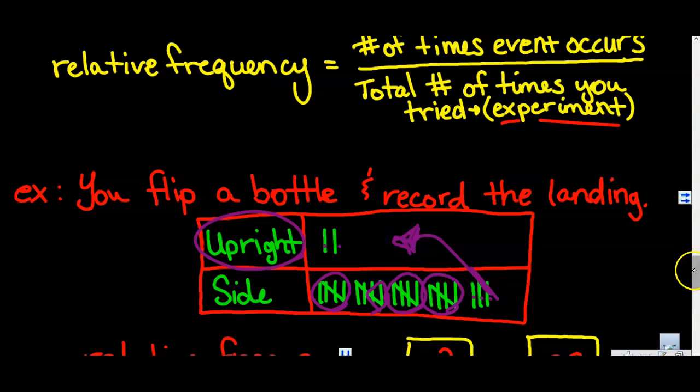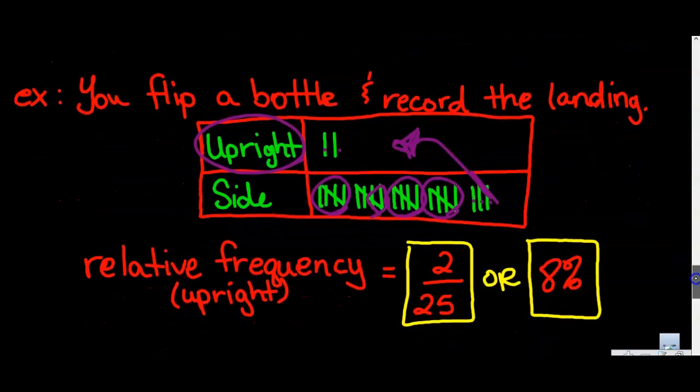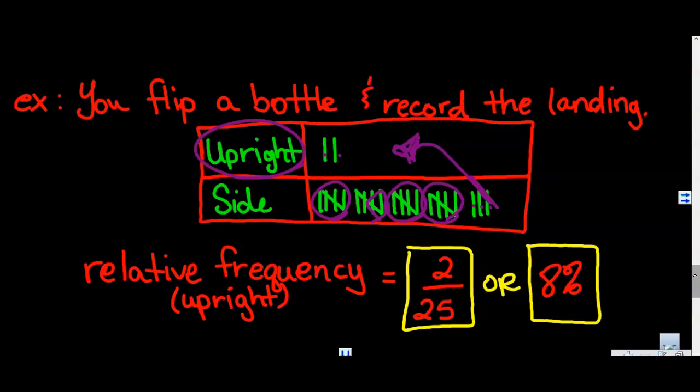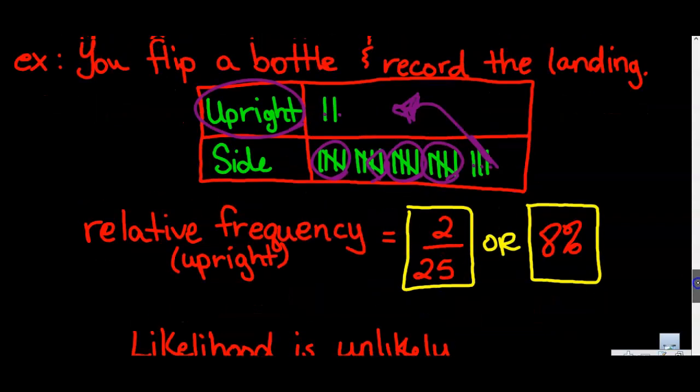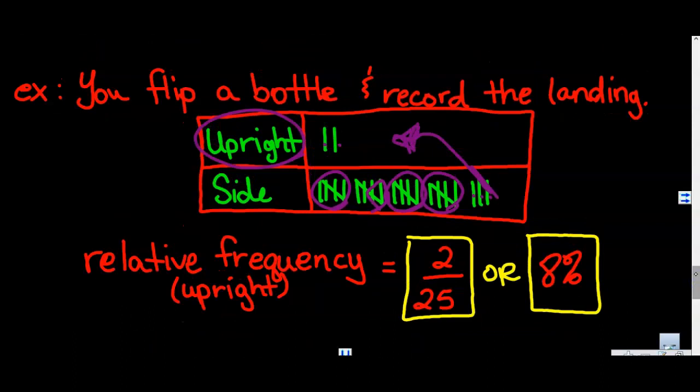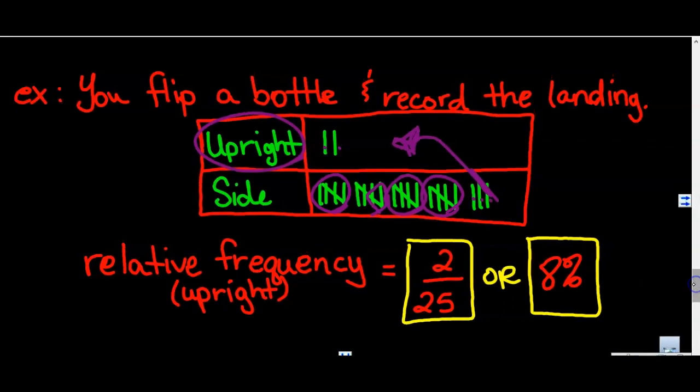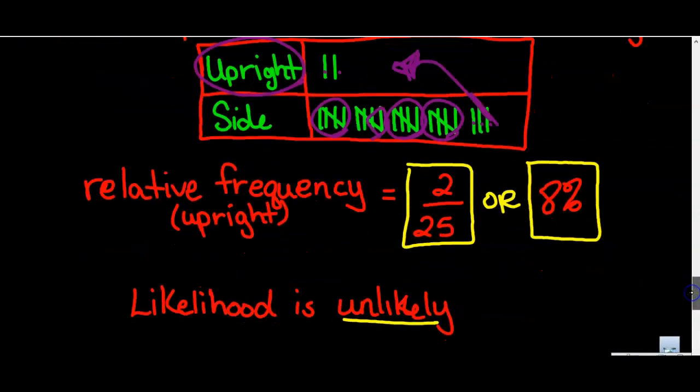So our relative frequency would be 2 25ths, or if we put it in a percentage, 8%. So what would the likelihood here be? Well, 8%, we can't say it's impossible because it does happen. We have to say that the likelihood is unlikely or highly unlikely to happen.